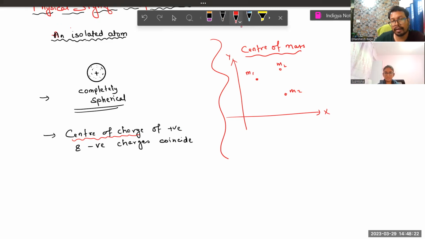We will say simply r vector is equal to m1 r1 vector plus m2 r2 vector plus m3 r3 vector by m1 plus m2 plus m3, right? This is your center of mass, the position vector of center of mass.